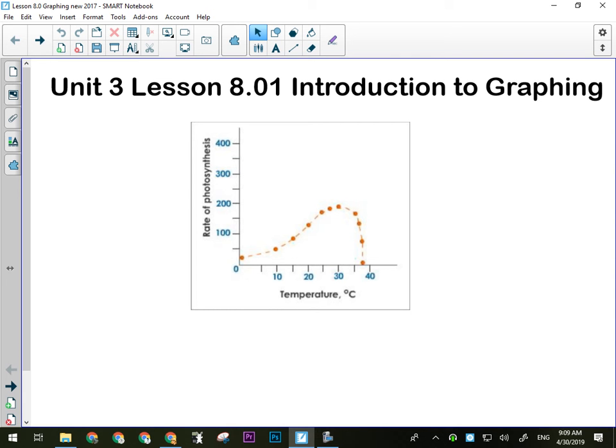So for example, the graph that's on the board right now is relating the effect of temperature on the rate of photosynthesis. Just looking at that graph, I can tell that temperature affects photosynthesis. Agreed? And I can tell pretty quickly that there's kind of a tipping point for that relationship as well.